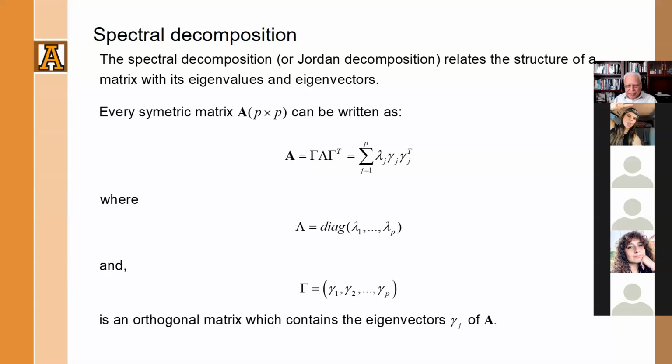And gamma is an orthogonal matrix, because remember, when we defined how we obtain the eigenvectors, the second eigenvector is orthogonal to the first, and the third eigenvector is orthogonal to the first two. So gamma is an orthogonal matrix with eigenvectors gamma 1, gamma 2 up to gamma p as its columns, which are the eigenvectors of matrix A. This is Jordan's decomposition.